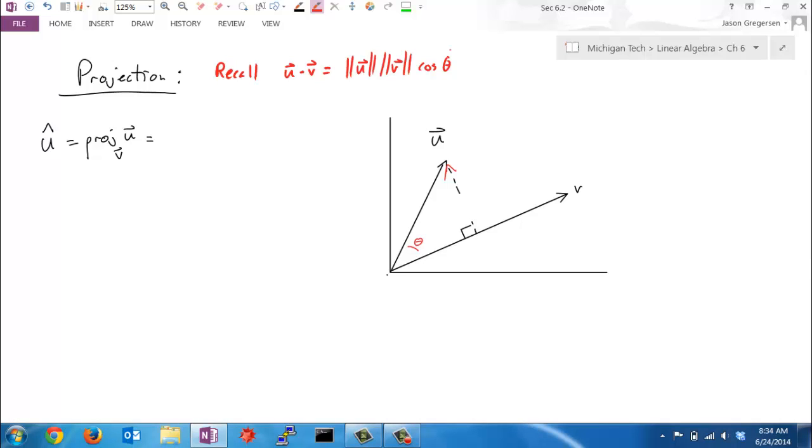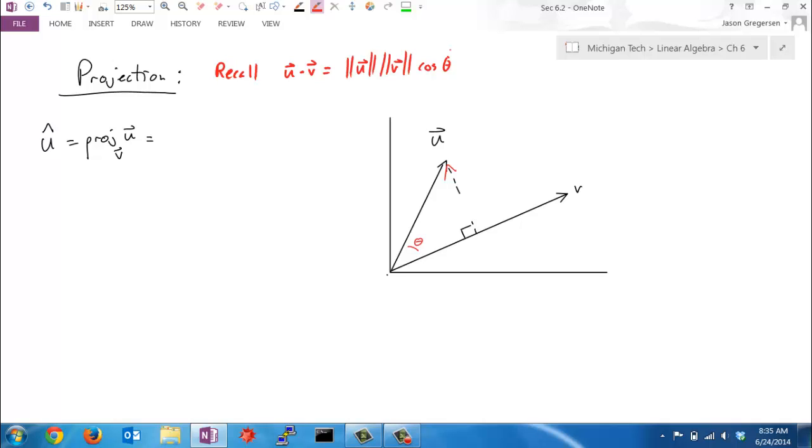If we think about the values here, U is going to be some number and V is going to be some number. But that cosine value, depending on the two vectors, is going to change. What's the biggest possible value for cosine theta? 1. It doesn't get any bigger than 1. What's the smallest value in magnitude?